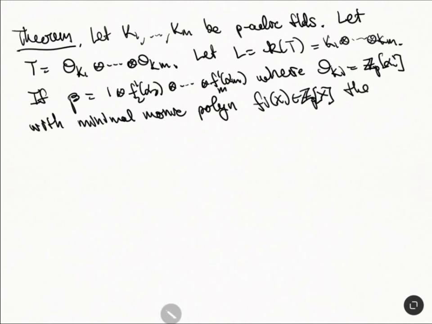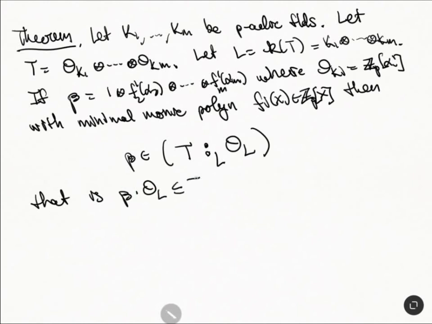Then beta is an element of T colon ideal of O_L. That is, beta times O_L is contained in T.